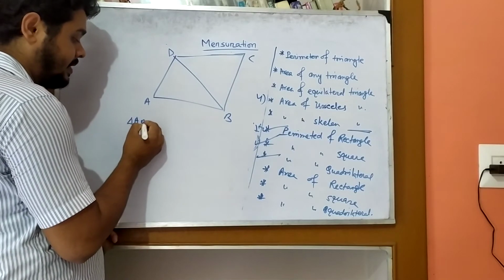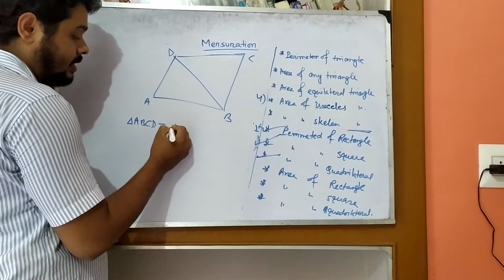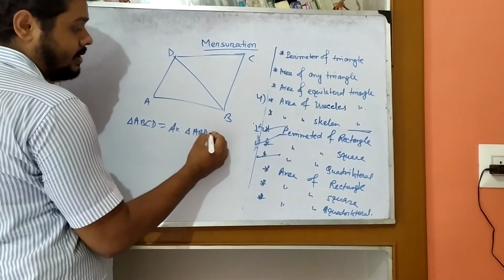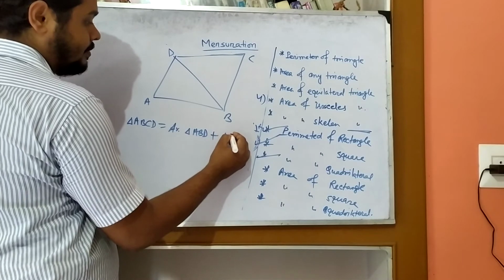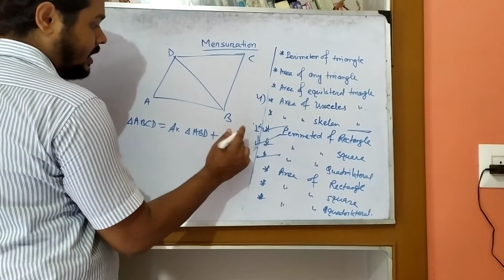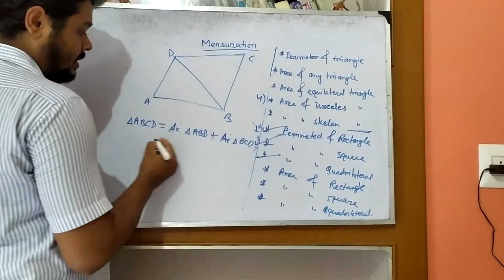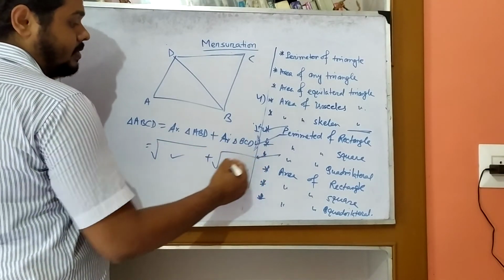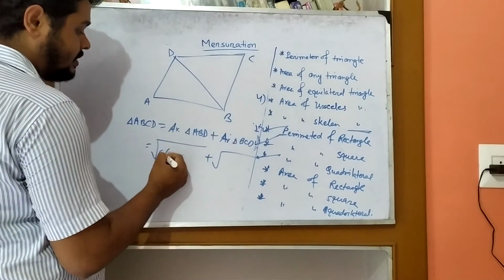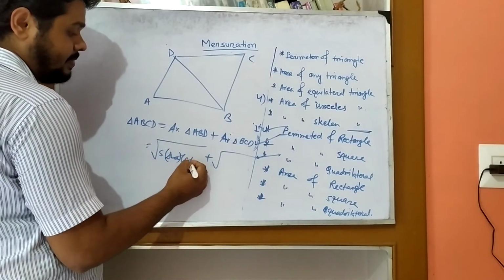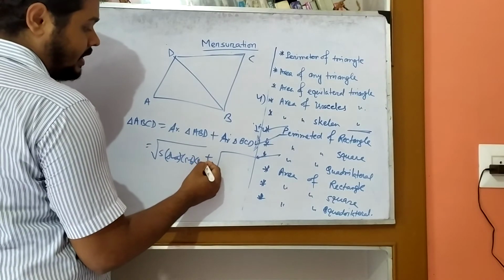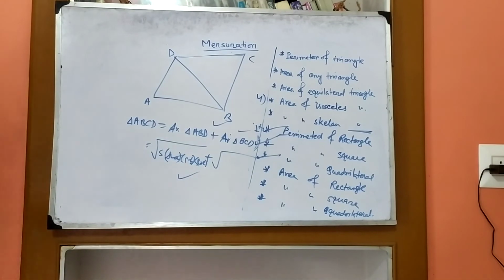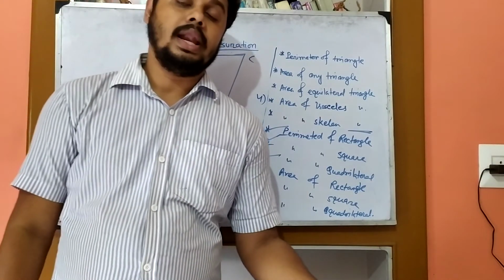So the area of ABCD equals the area of triangle ABD plus the area of triangle BCD. Now using that property of the scalene triangle, root over of S into S minus A, S minus B into S minus C, we can get the area of these two triangles, and adding them we can get the area of the whole quadrilateral.